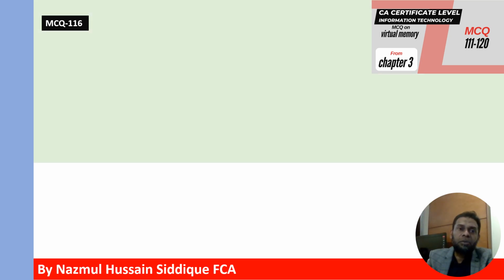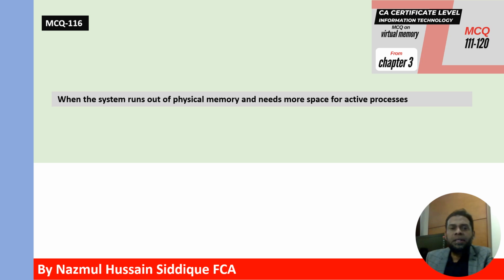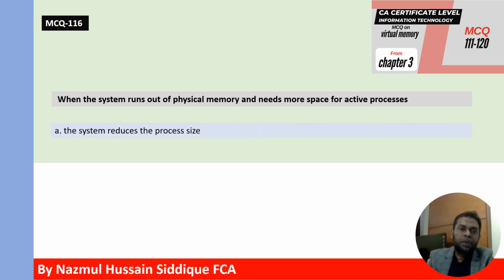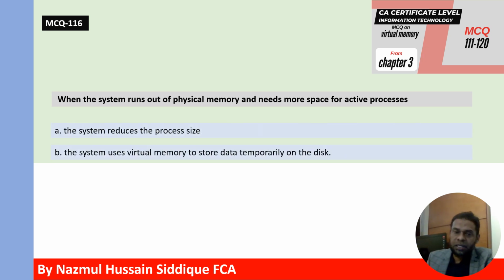Next question 116. When the system runs out of physical memory and needs more space for active processes, does the system reduce the process size, or does the system use virtual memory to store data temporarily on the disk?